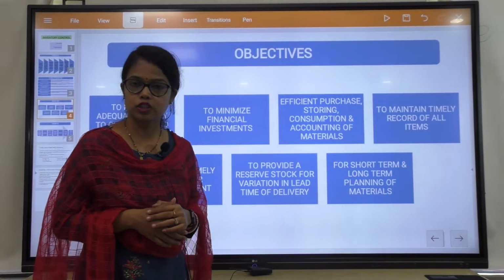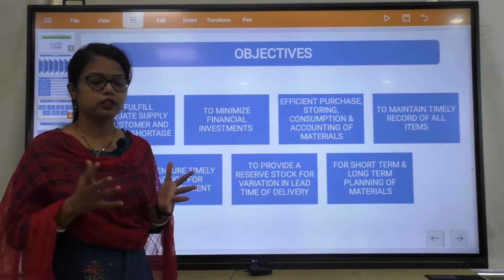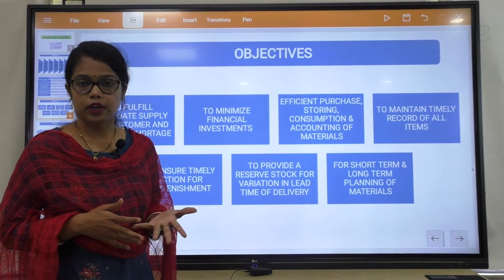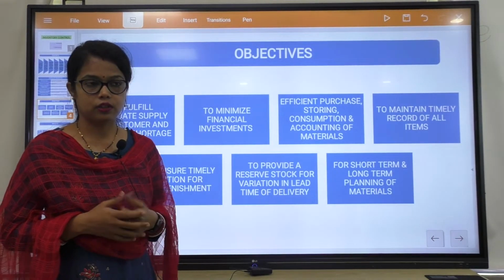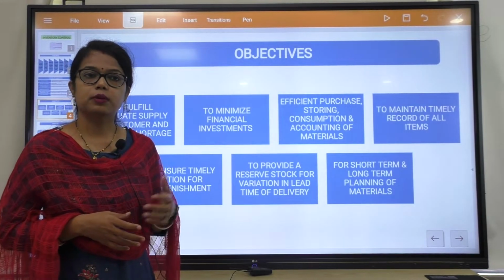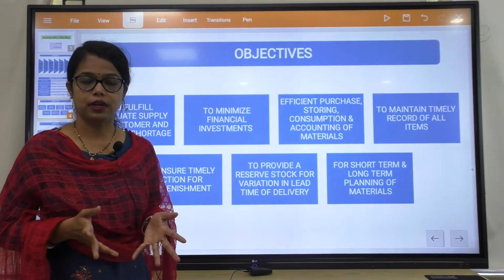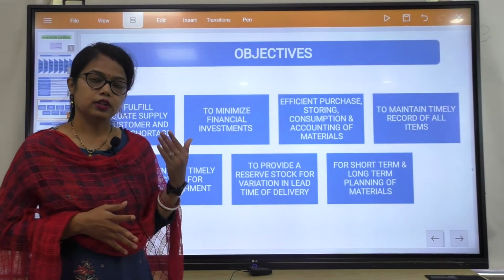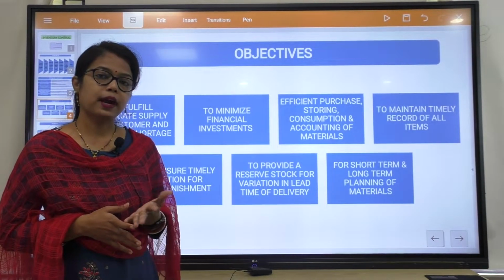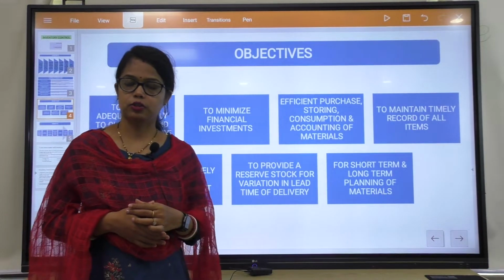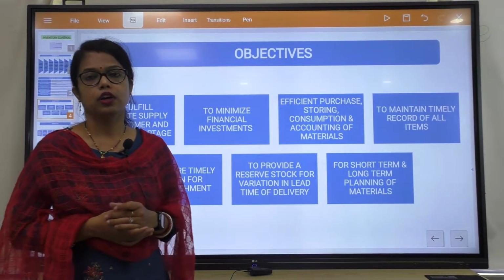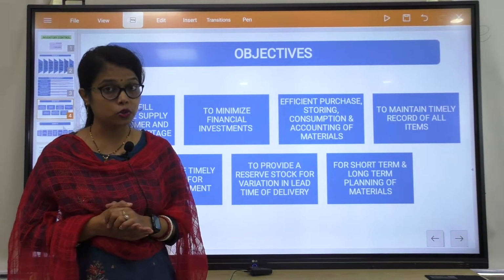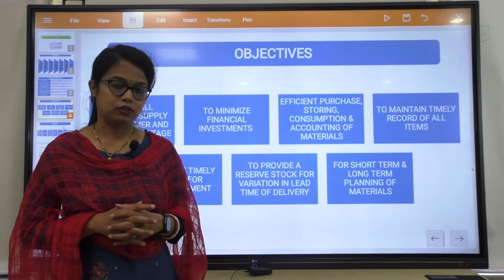There will be no shortage of product and the industry is ready to fulfill the demand of the customer. Definitely the customer demand is there, sometimes high, sometimes low, depending upon the time. So, the company can face the demand of the customer and fulfill the requirements, and there will be no shortage if the inventory control is in proper condition.